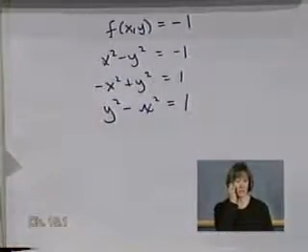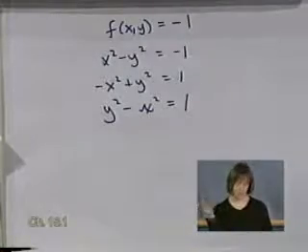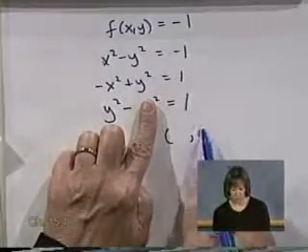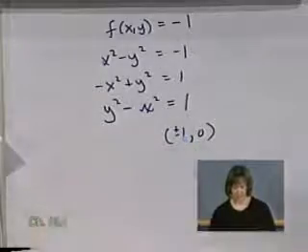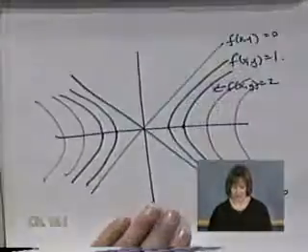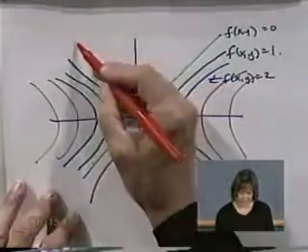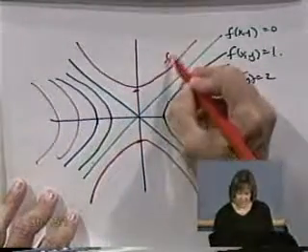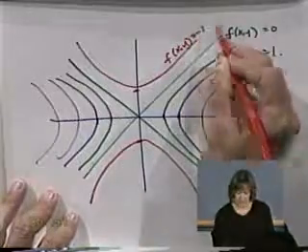This hyperbola is crossing what axis? The y-axis. And when x is 0, where is it crossing the y-axis? At plus or minus 1. So the level curve for negative 1 goes like that. And that's f of xy equals negative 1.